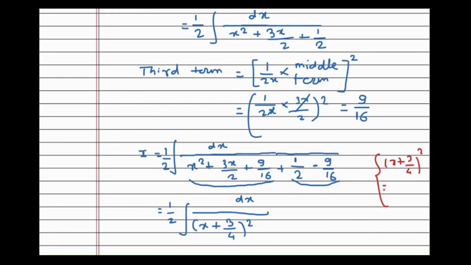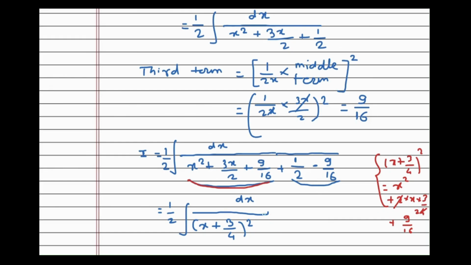What will it be? (a plus b) whole square is a square plus 2ab plus b square, where a is x, b is 3 by 4. b square is 9 by 16. So these two will get cancelled. So it will be 3x by 2. So it is x square plus 3x by 2 plus 9 by 16. So all three terms become this single term.